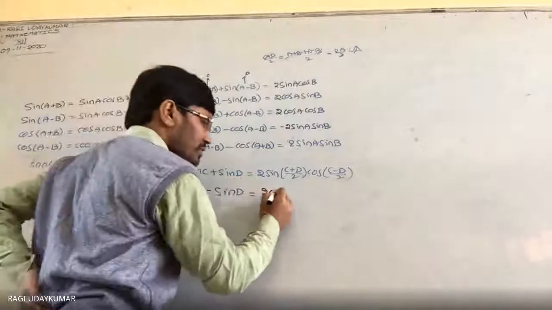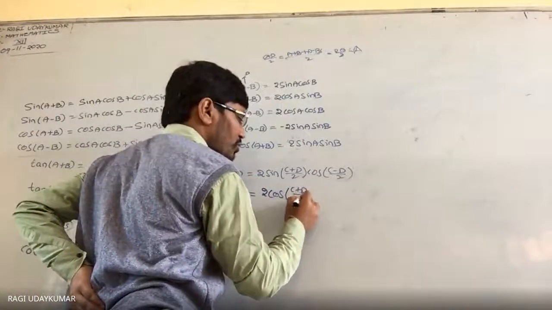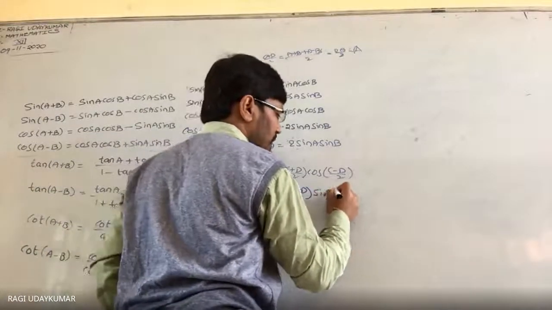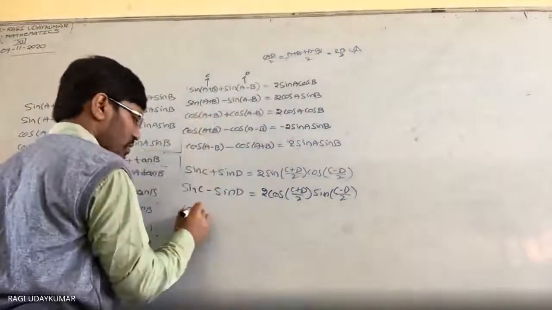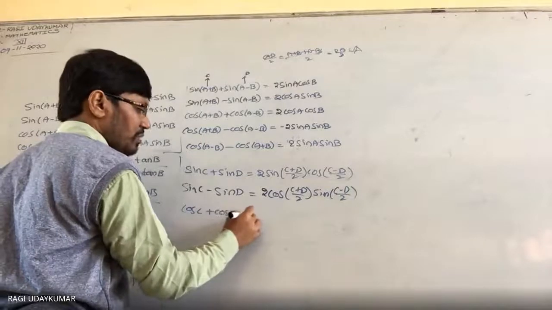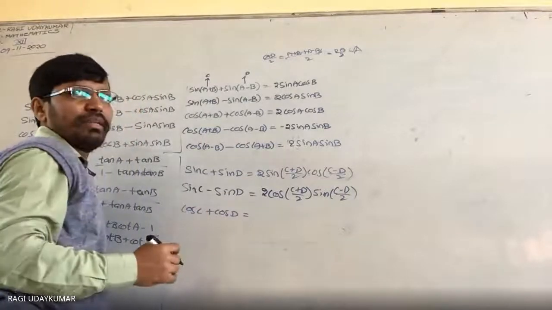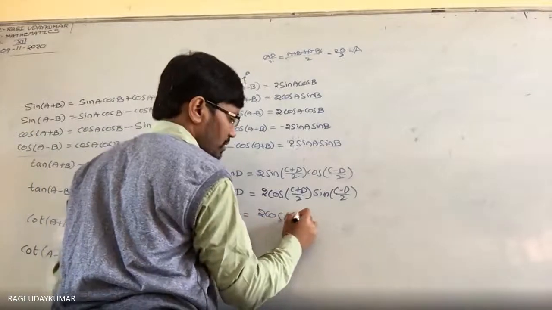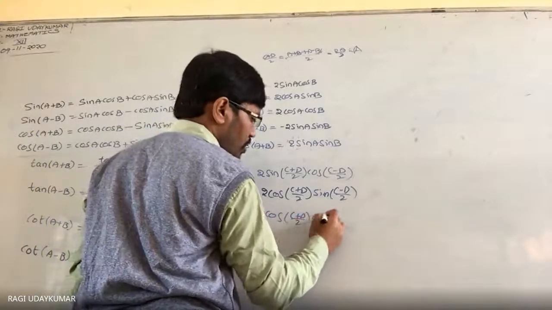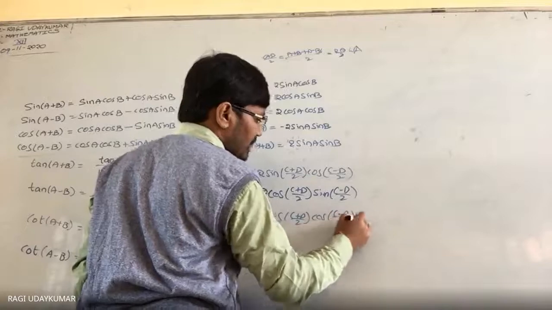Sin C minus sin D is 2 cos((C plus D) by 2) sin((C minus D) by 2). Cos C plus cos D is 2 cos((C plus D) by 2) cos((C minus D) by 2).